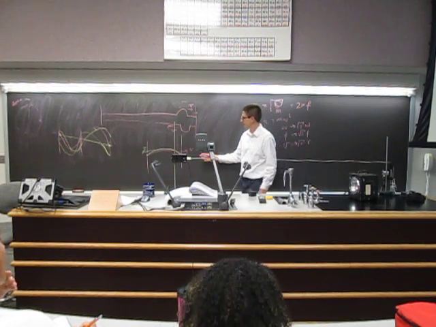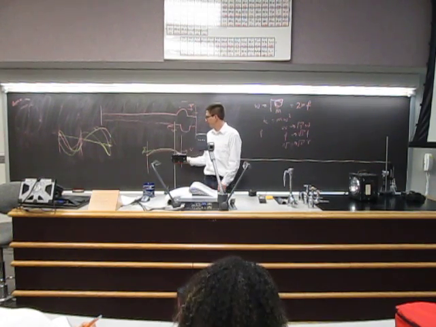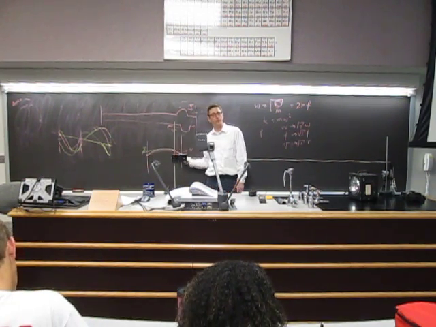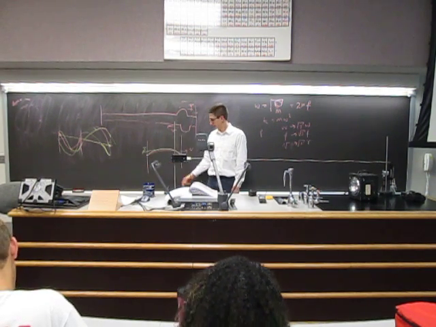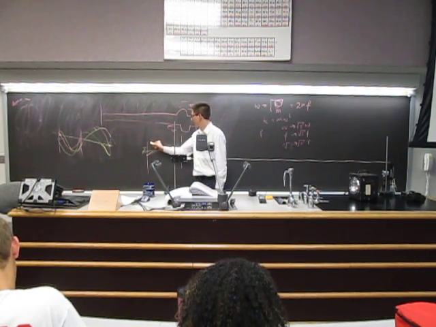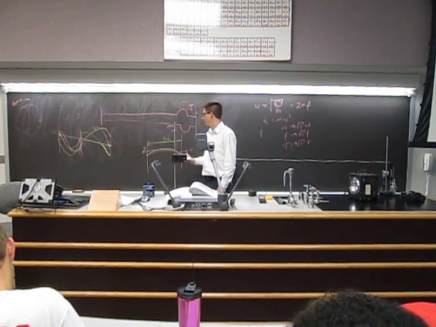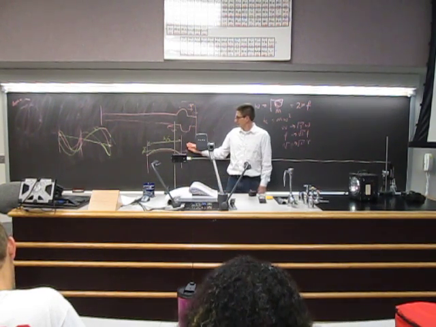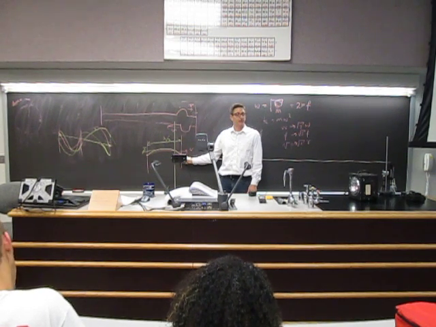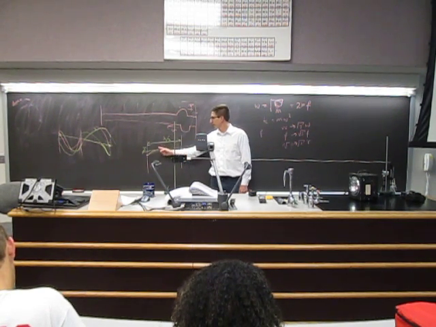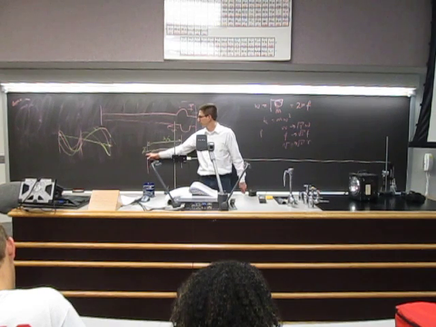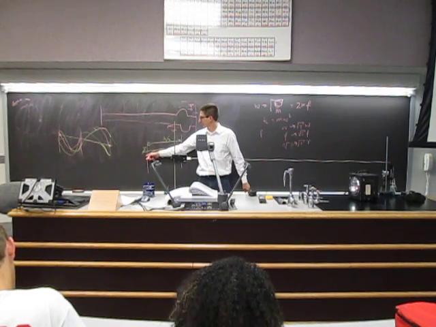If it just so happens that there's 1/2 of a wavelength between these ends, so this distance here between the ends of the waves is lambda over 2, then when this wave gets to the end here, it's reflected back. And when the red one gets to the end here, it gets reflected.